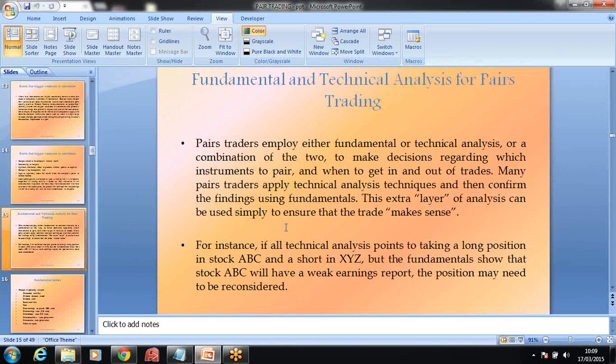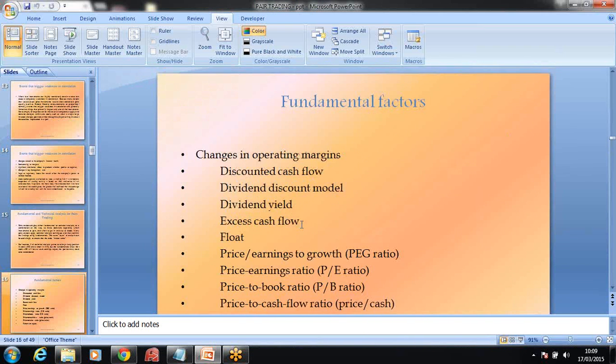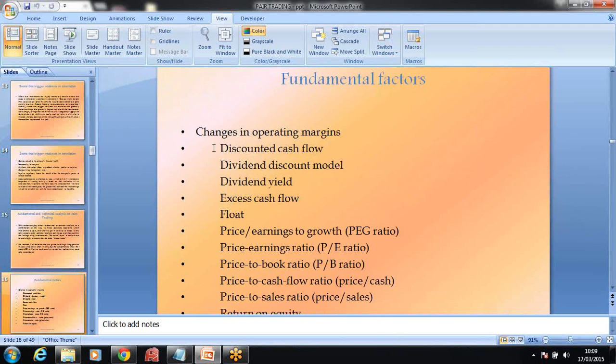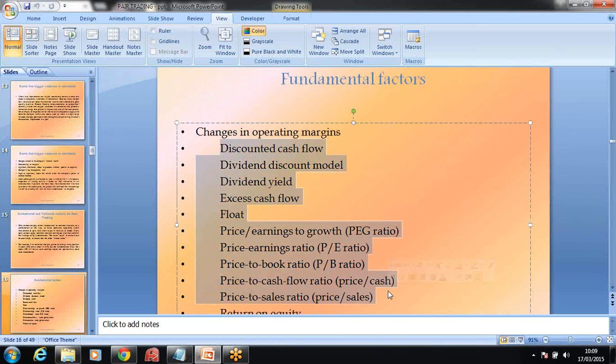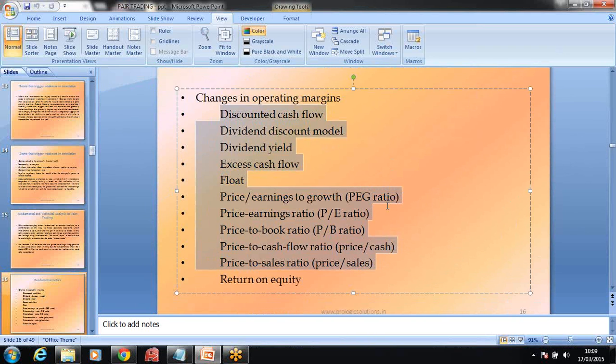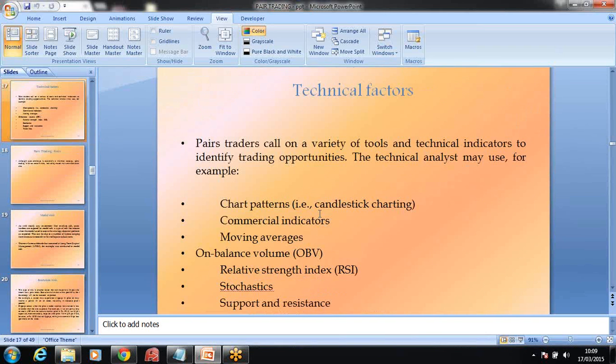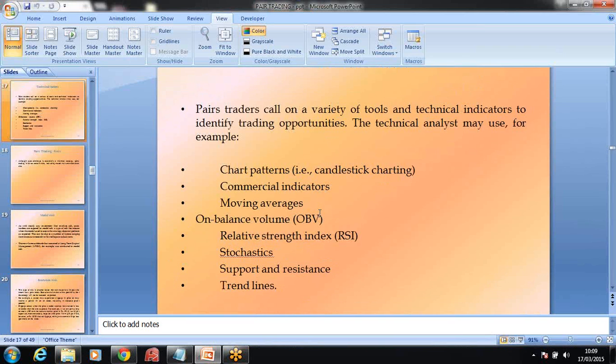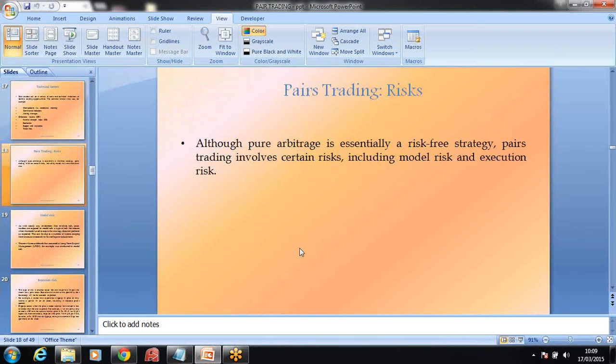The fundamental aspects also, fundamental analysis you have. These are the financials that matter in case a particular correlated pair diverges. Technical factors, you can use candlestick charts, various things, and then you can do it on your own. But we will tell you why you don't have to do all this in another 15-20 minutes.